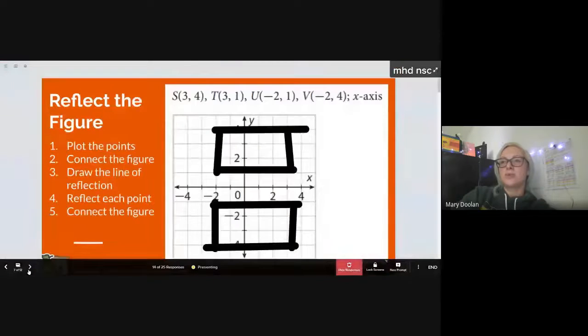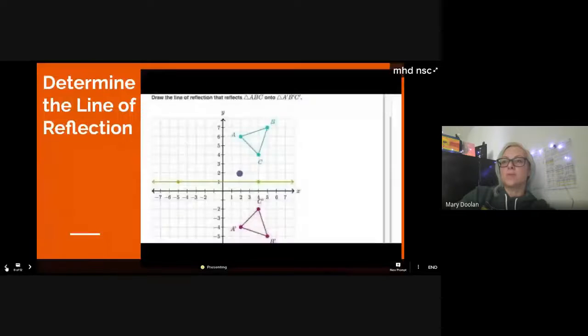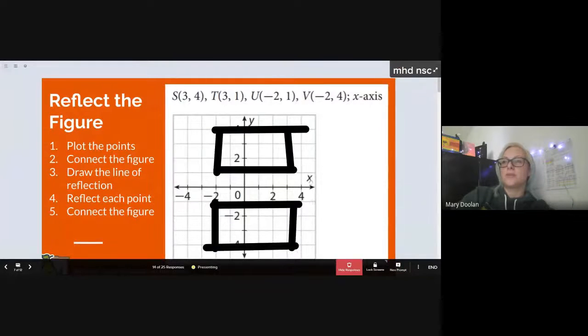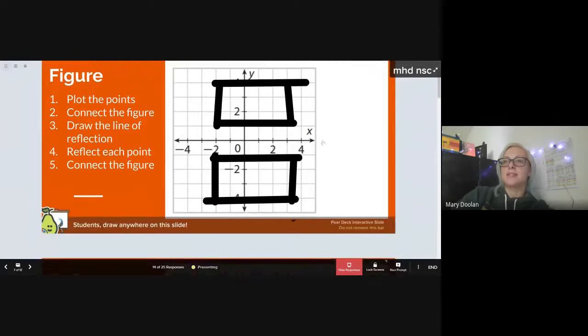Maybe that's more work and it's easier just to do it visually. For me, it's easier to plot these and say, this is my line of reflection. Well, this point goes here, this point goes here, this point goes there, and just do it that way. But it's really up to you what makes more sense, okay?